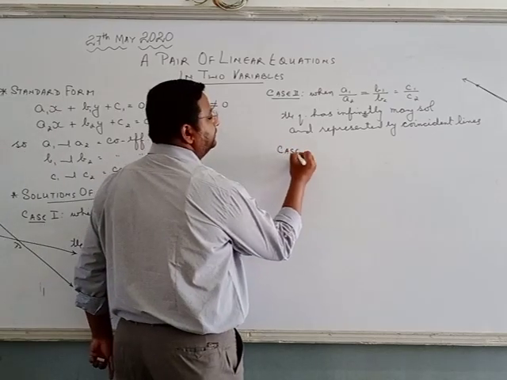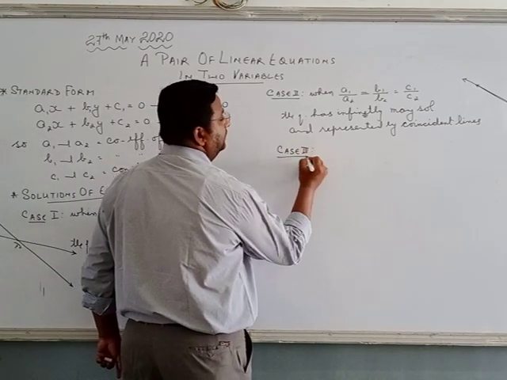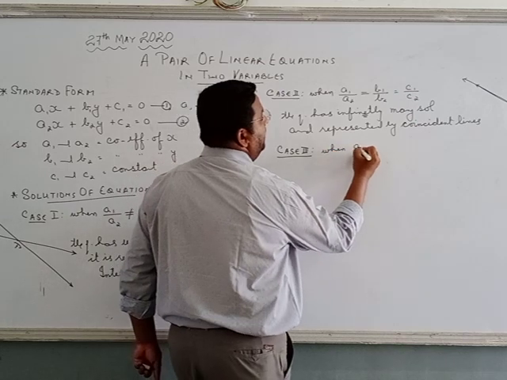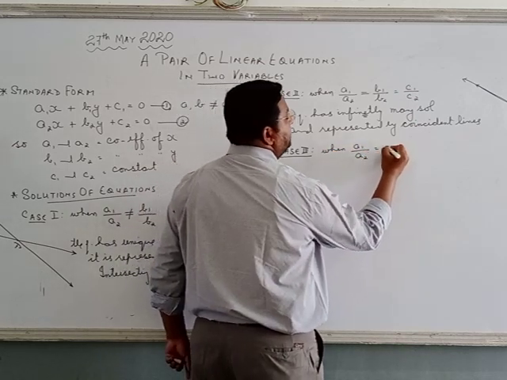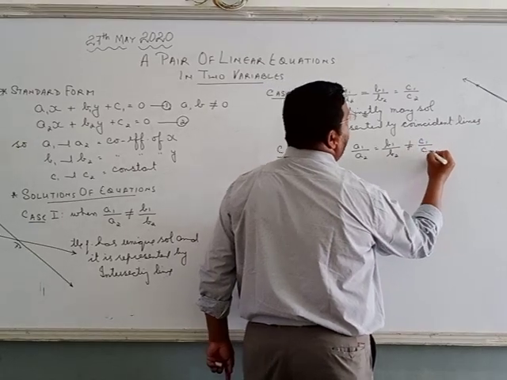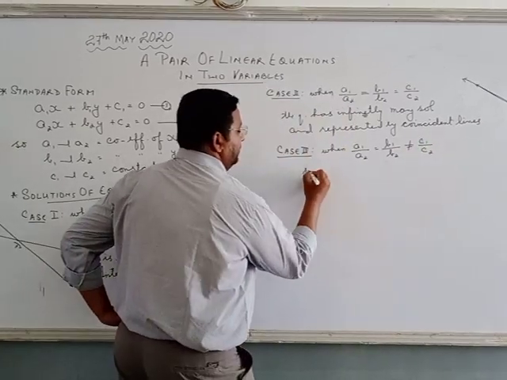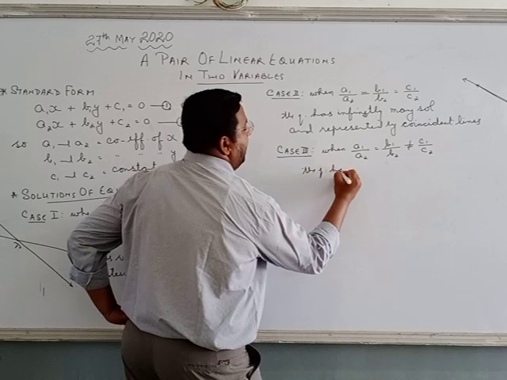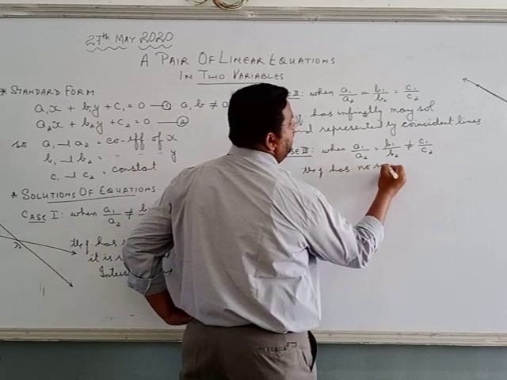Case third, when a1 upon a2 is equal to b1 upon b2, but it is not equal to c1 upon c2, the equation has no solution.